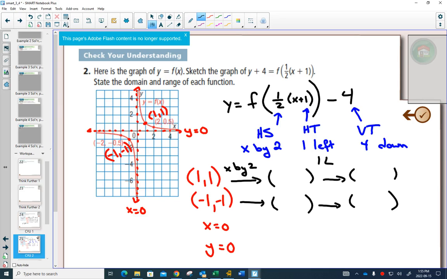I have 1 to the left and 4 down. Mental math-wise, x by 2, that's going to give me 2, 1, -2, -1, 1 to the left, 4 down, and we find out where our new points are.